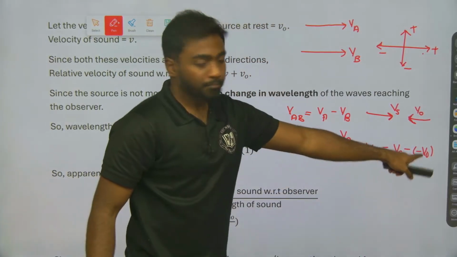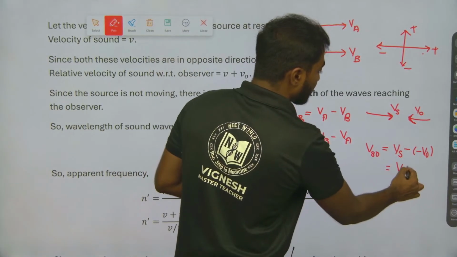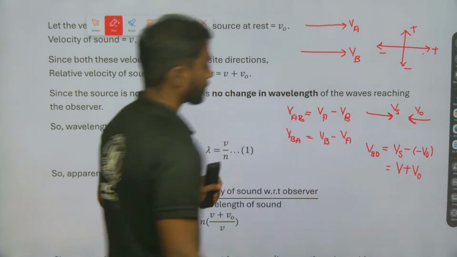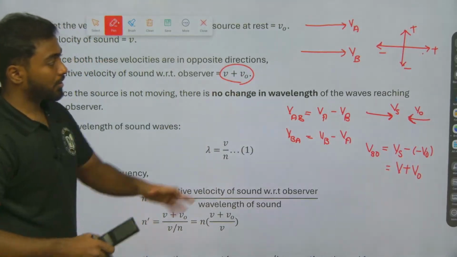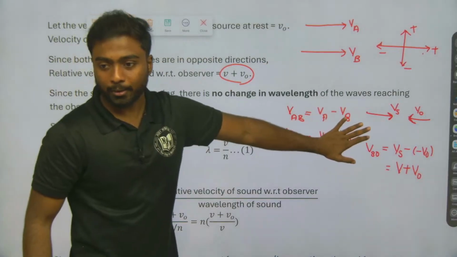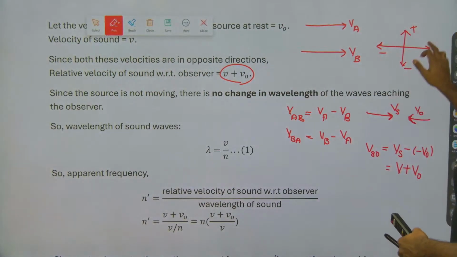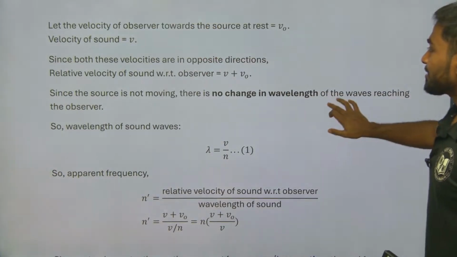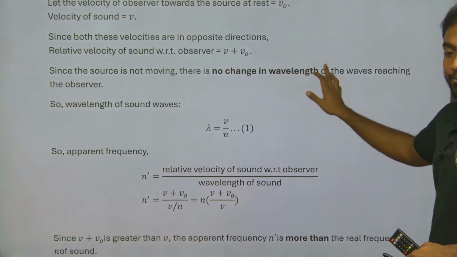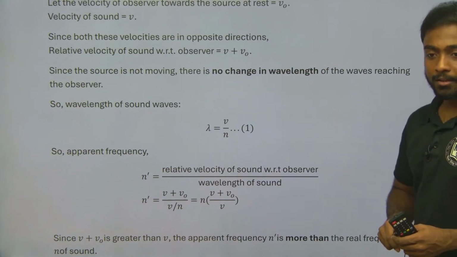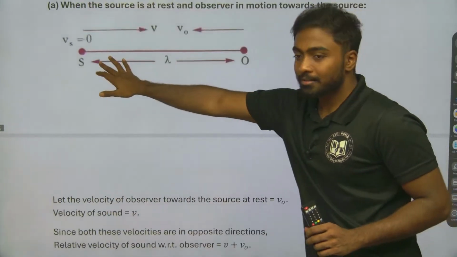Why minus? It is the negative direction. So we can write v plus v naught. That's the answer we got here. Have you understood the topic of relative velocity, how we need to assume and write it? Since the source is not moving, there is no change in wavelength. The wavelength will not change because the source is at rest here.